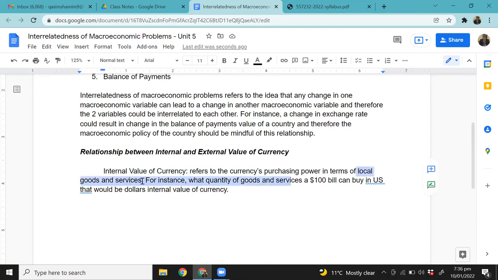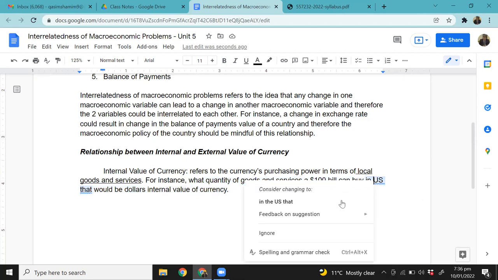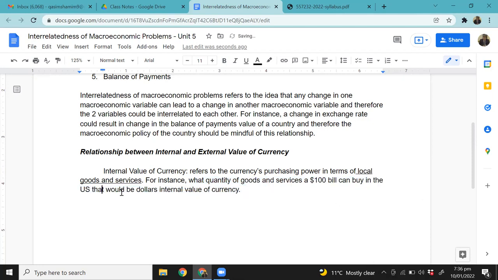Now, this is something very important. Local goods and services. How many units, or what quantity, of local goods and services can a certain amount of a currency buy? That is that currency's local value of currency, or internal value of currency. So for instance, what quantity of goods and services a $100 bill can buy in the US would be the dollar's internal value of currency.